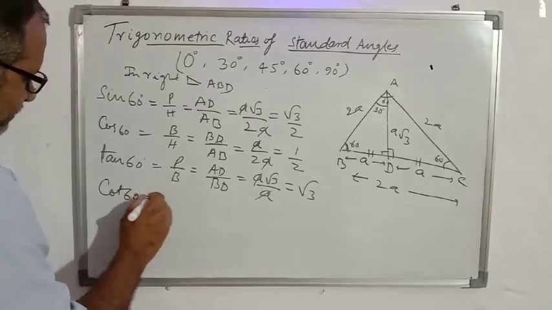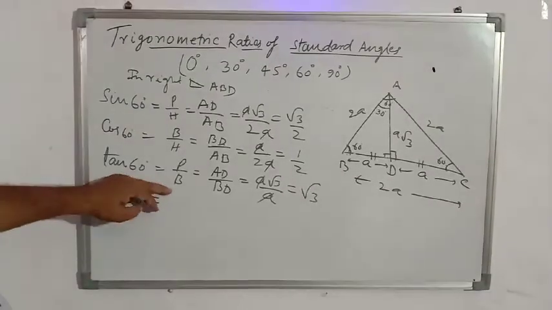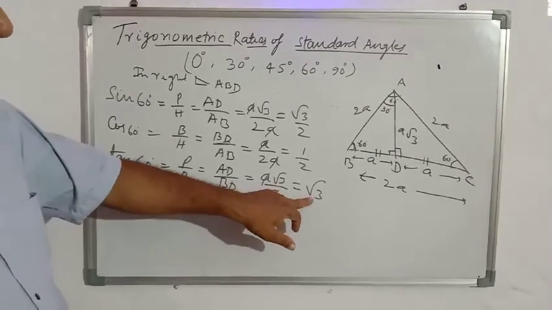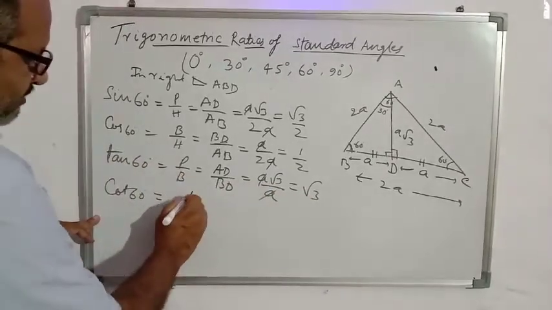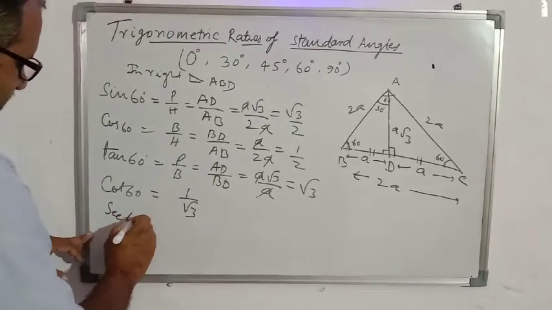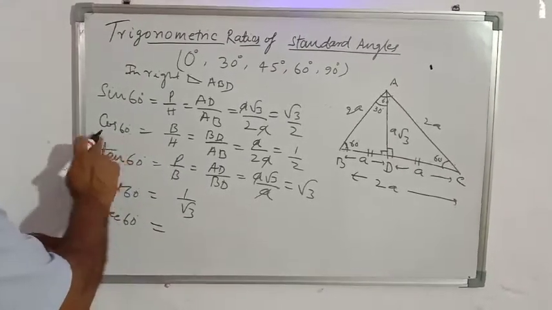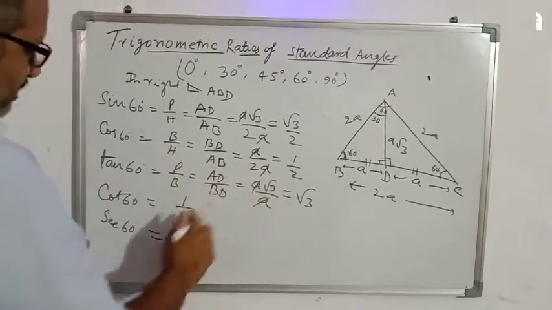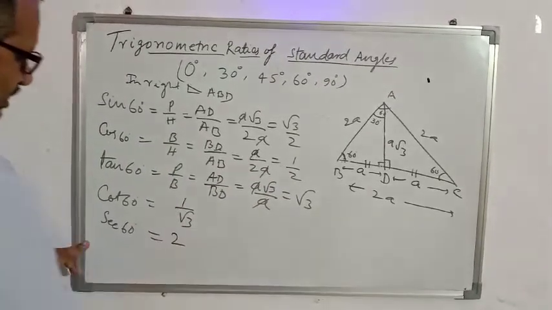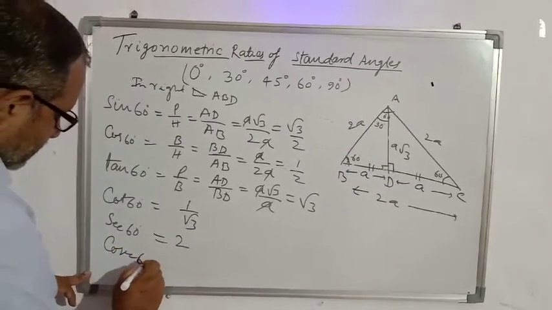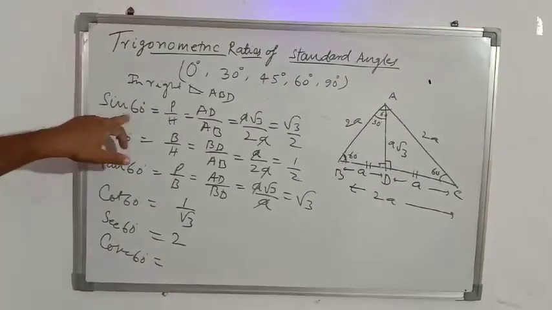Similarly, cot 60. What will be cot 60? It is the reciprocal of tan. So tan 60 degree value is root 3, and cot 60 will be 1 by root 3. Sec 60. Sec is the reciprocal of cos, hypotenuse upon base. So the reciprocal of 1 by 2 will be 2 by 1. Cosec 60. Cosec is the reciprocal of sine.